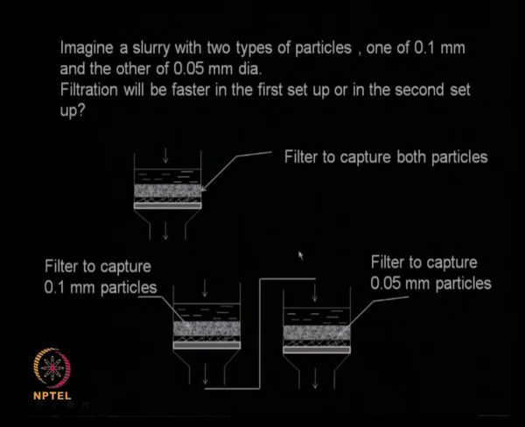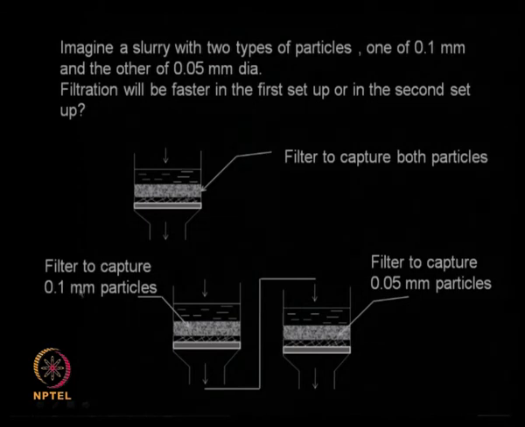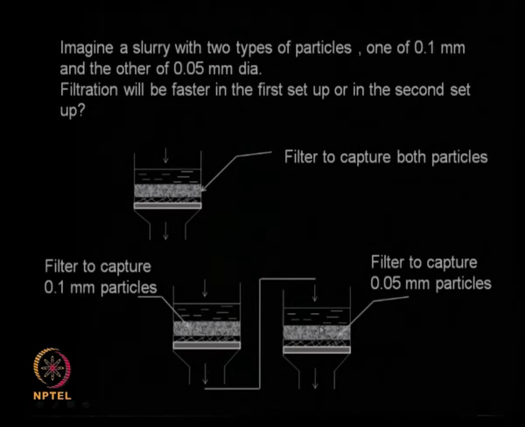Now consider another filtration setup, 2 filters are there. The first one has very coarse holes, so it will capture only 0.1 mm, 0.05 will pass through. Okay. Now this 0.05 is captured in the second filter, that means the holes are very fine.